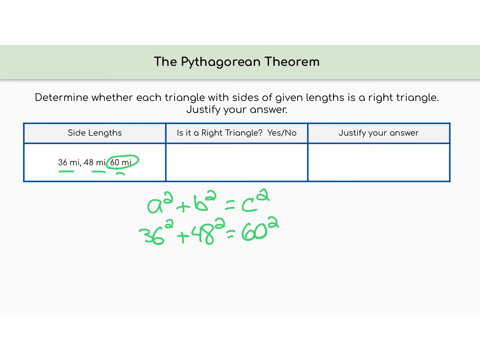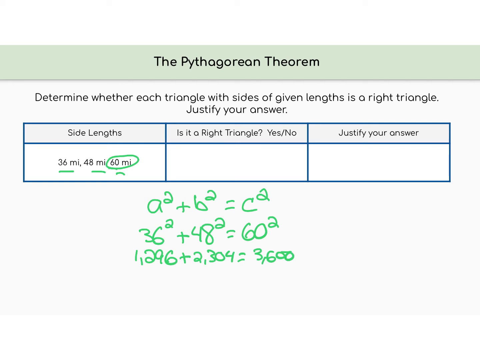So 36 squared, or 36 times 36, is 1,296, plus 48 squared, which is 48 times 48, which is 2,304. Is this equal to 60 squared? 60 times 60 is 3,600.